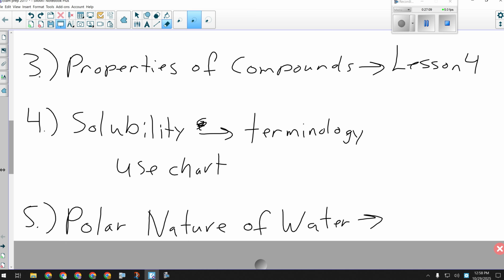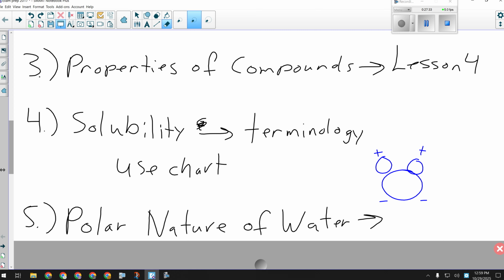And what happens there is this. This ends up being positive, because the electrons are hanging out down here. So even though it's not overall a charged particle, it acts like it is because the electrons end up being at the bottom.